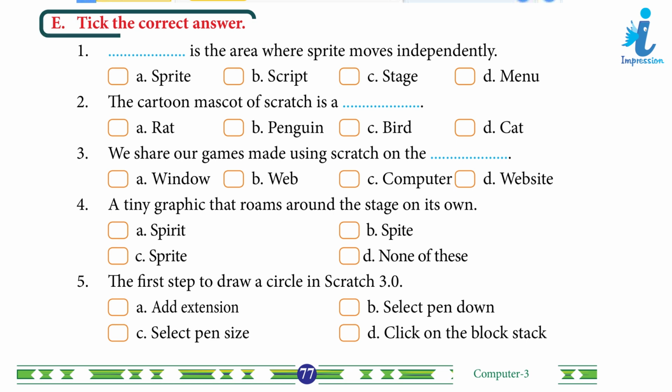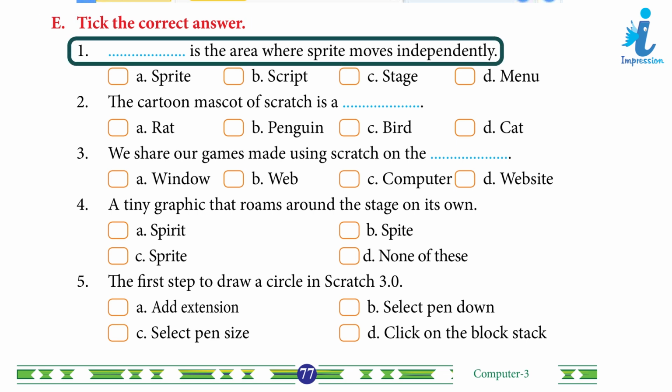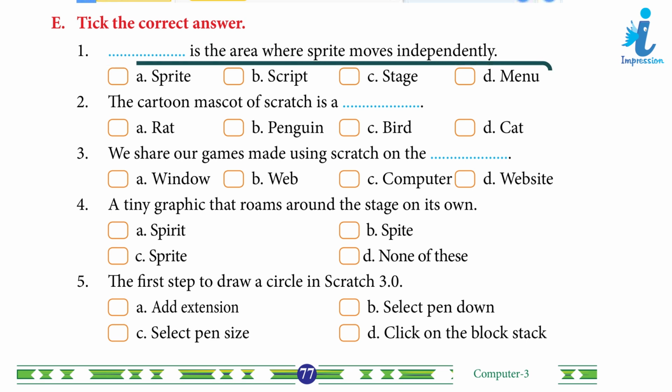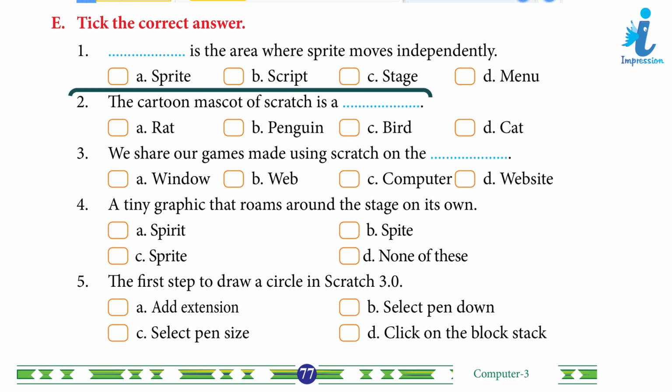E. Take the correct answers. 1. Dash is the area where sprite moves independently. A. Sprite. B. Script. C. Stage. D. Menu. Answer: C. Stage. 2. The cartoon mascot of Scratch is a dash.